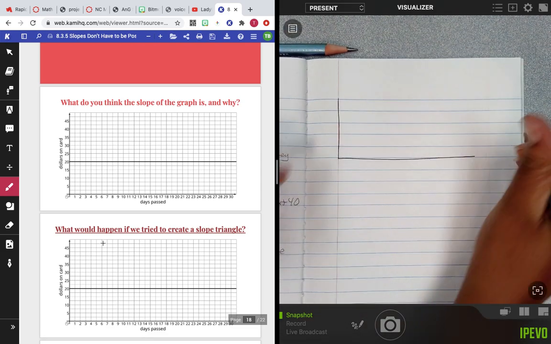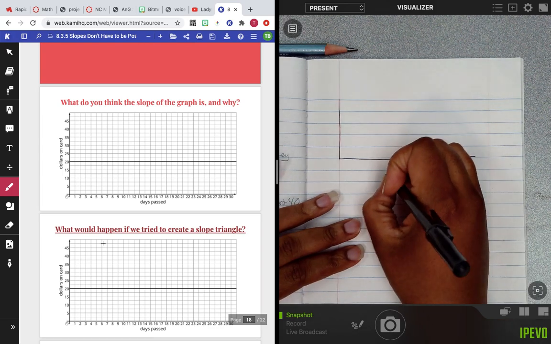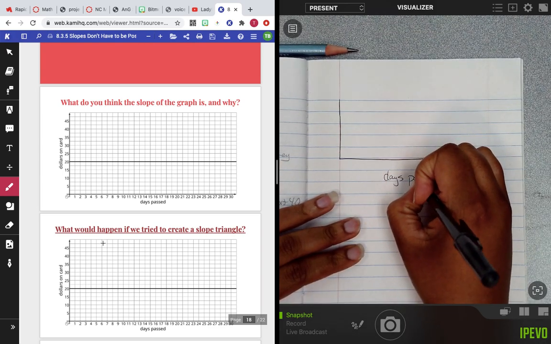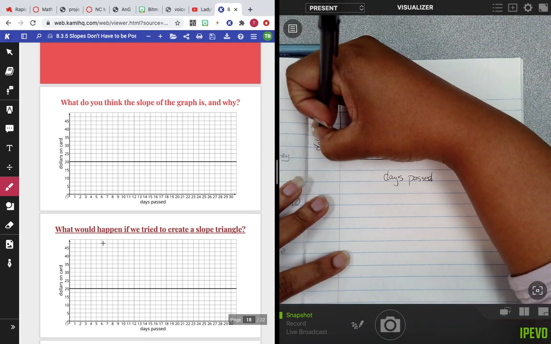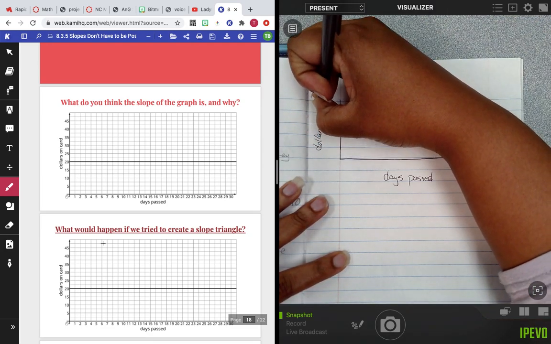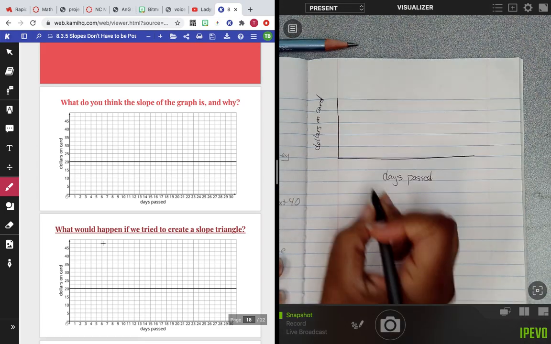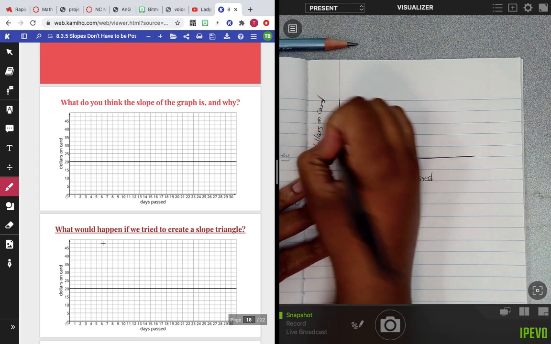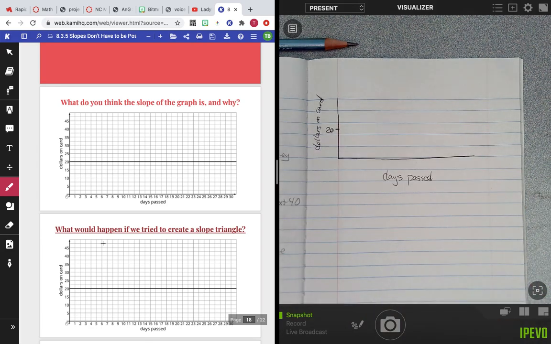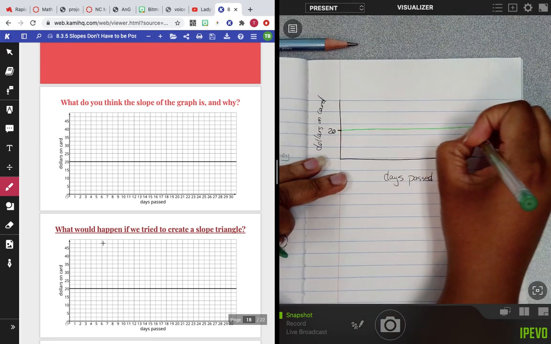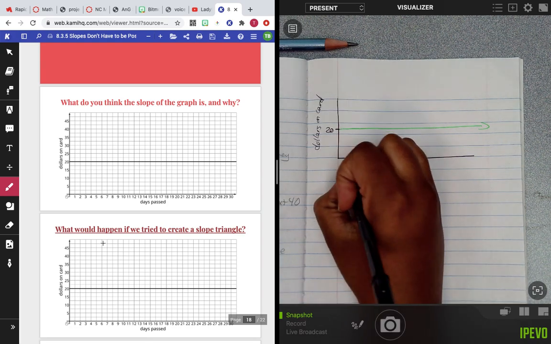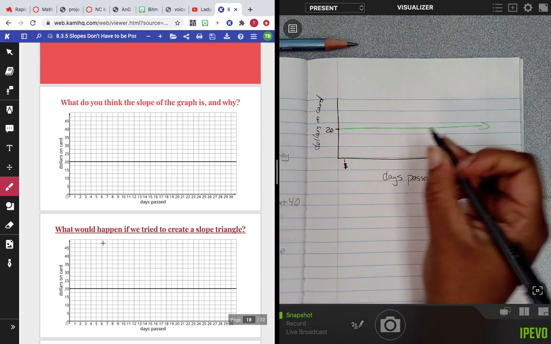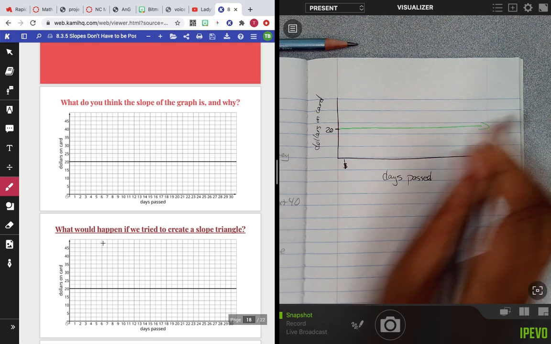This is talking about days past. This is talking about dollars on the card. This is the point (0, 20) where it's at. So I'm going to draw my line. This is what it looks like, from day 1 all the way up to day 30.